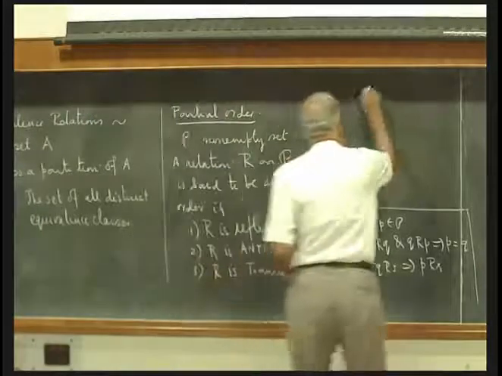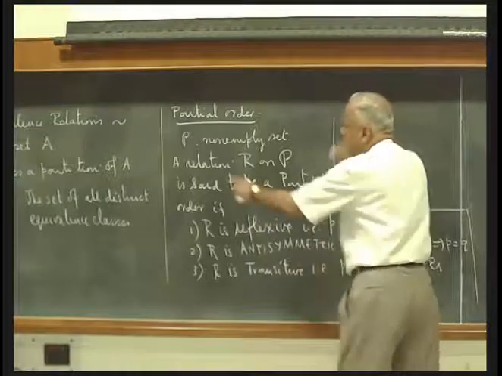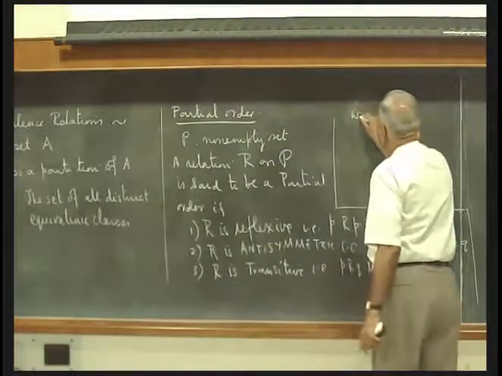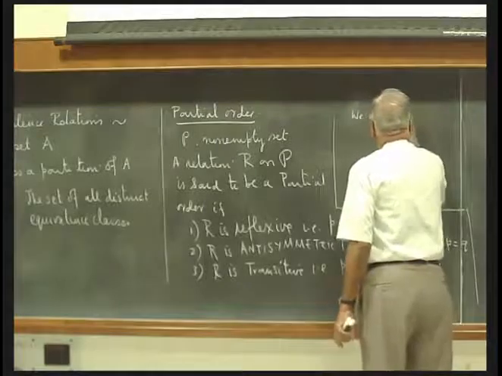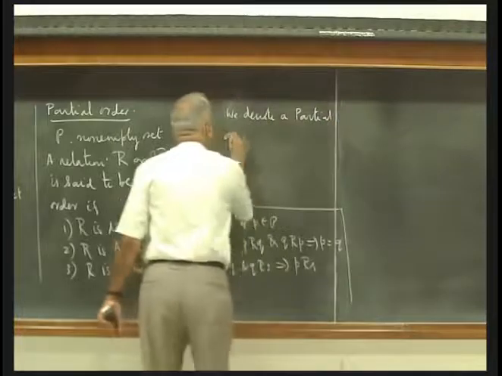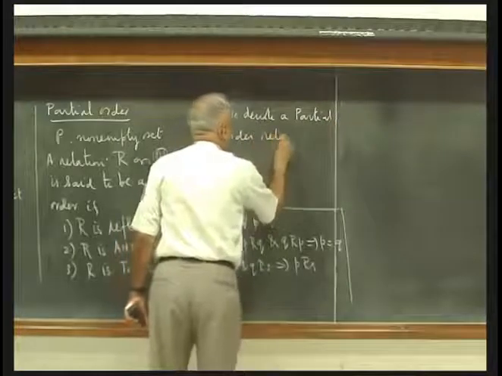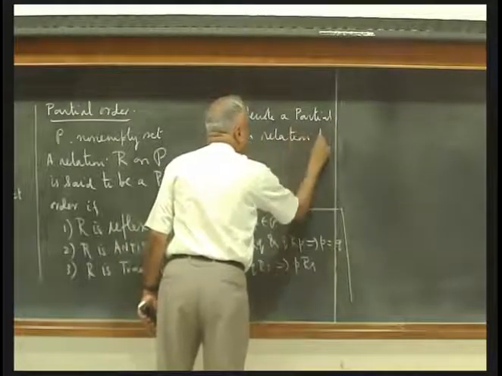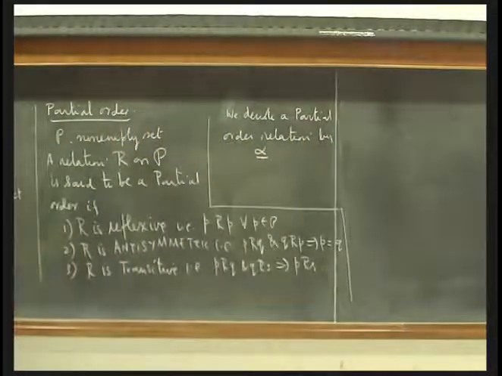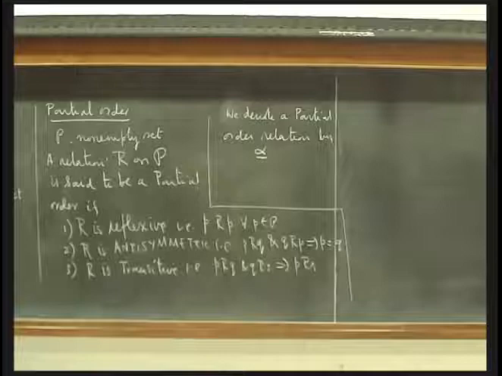Just like we use a symbol for equivalence relation, we denote a partial order relation by the somewhat distorted symbol of less than or equal, just to remind us that it is modeled on that.